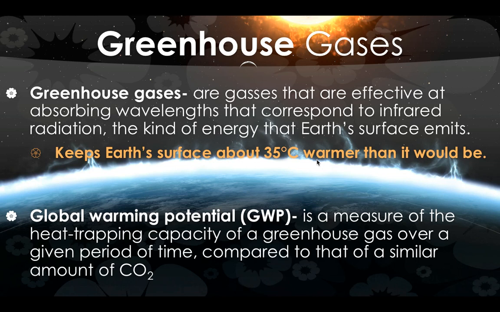Now, some of it doesn't go back into space. Some gases absorb that certain wavelength of infrared light energy. And the greenhouse gases keep Earth's surface about 35 degrees Celsius warmer than it would be without those gases.